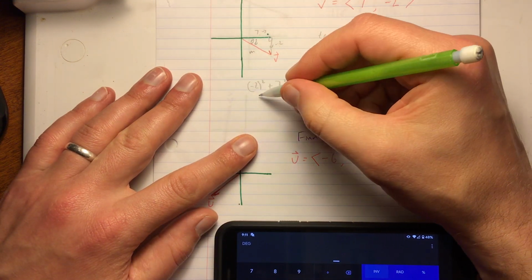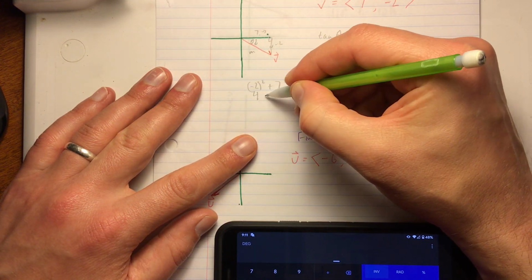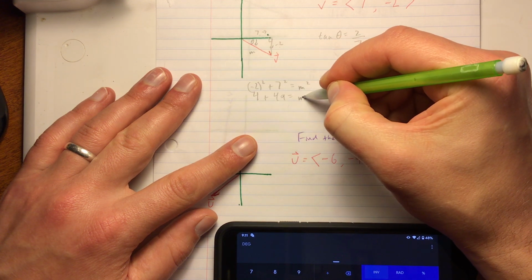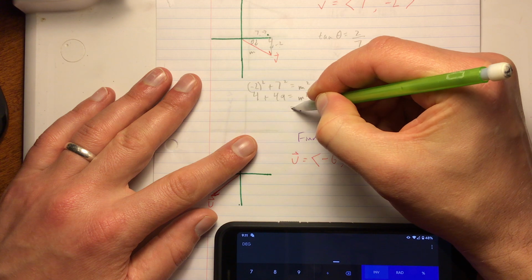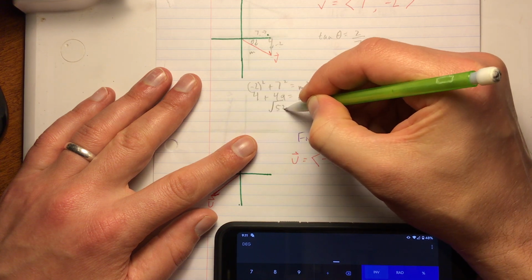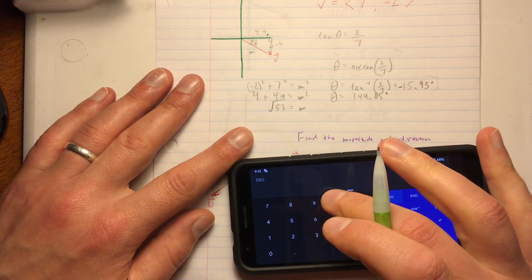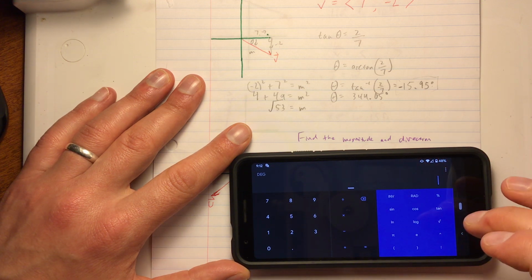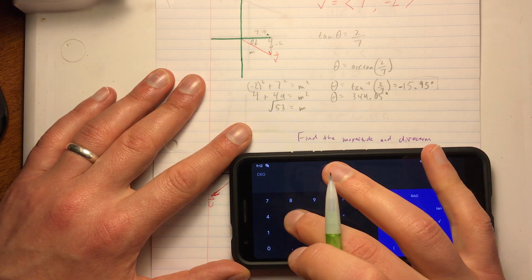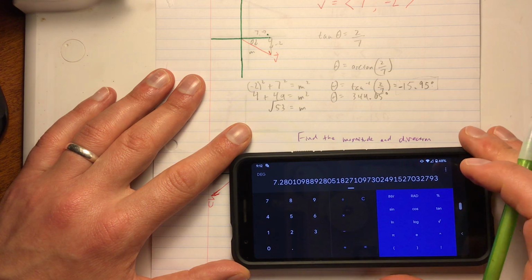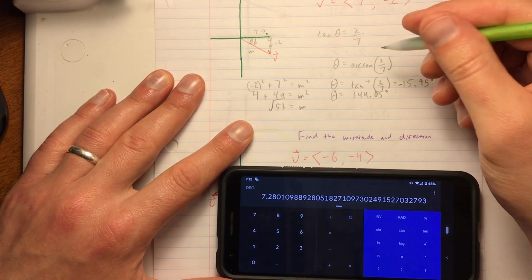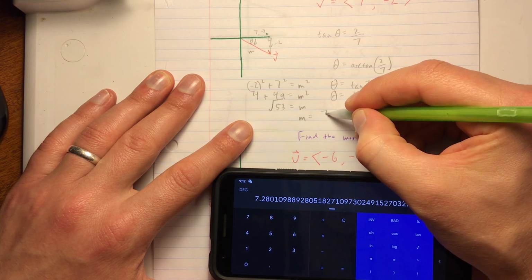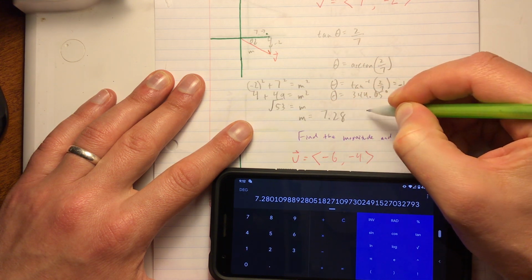Now, -2 times -2, that's always positive, so that's going to be 4 plus 49 is the magnitude squared, or the magnitude is going to be the square root of 53. So I'm going to take the square root of 53, and we get 7.28. So the magnitude is going to be 7.28.